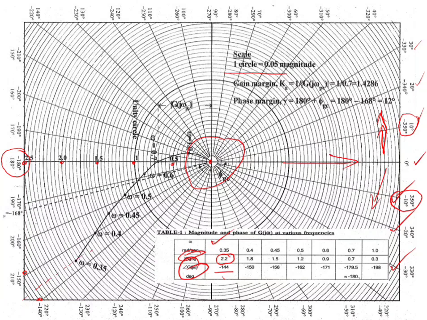The magnitude is around 2.2, which should be after 2. So the first point is 2.05, this is 2.1, 2.15, and this one is 2.2.